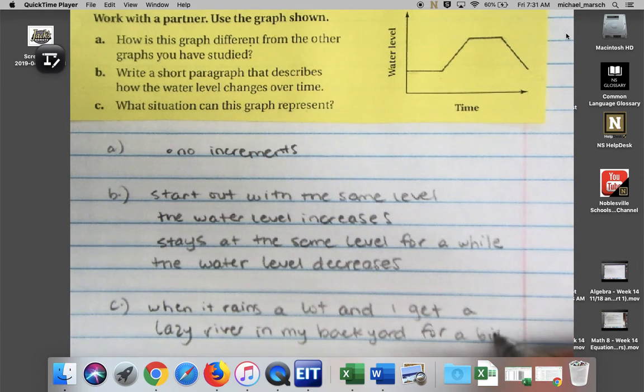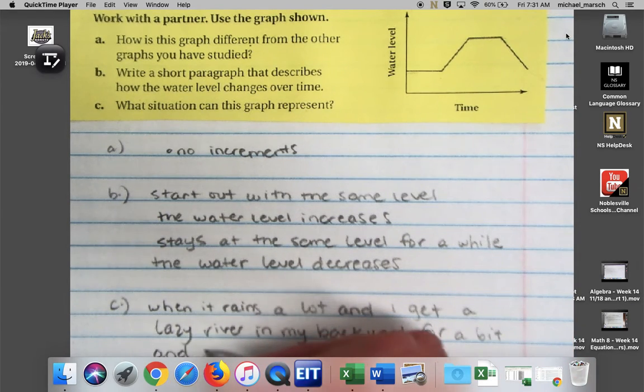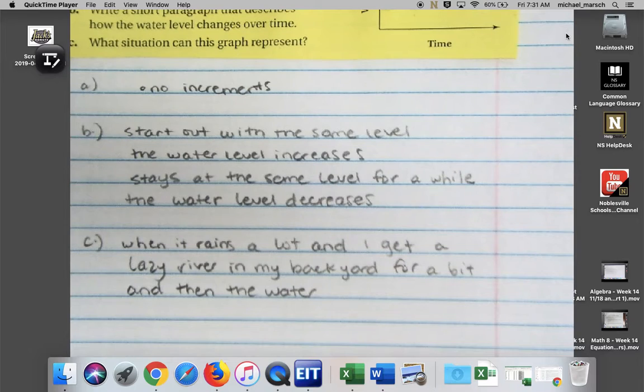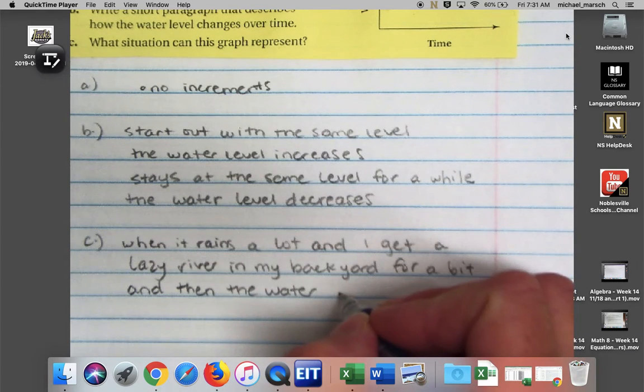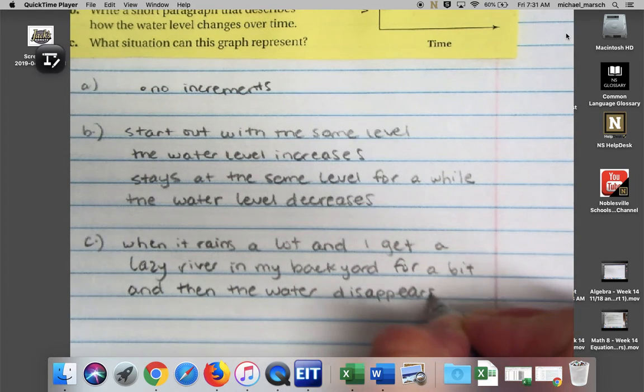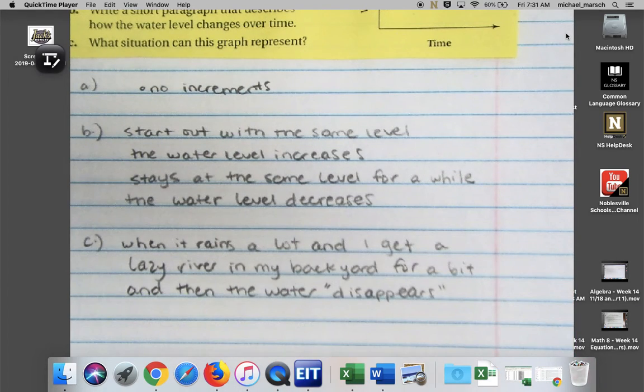For a bit, and then of course the water decreases. I don't think it's decreasing as much as it's just displacing. Is that a science word? Either it evaporates or it finally drains or whatever. We're just going to put disappears, and I'm going to put that in air quotes because it's not really disappearing.